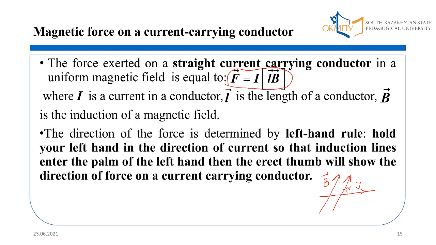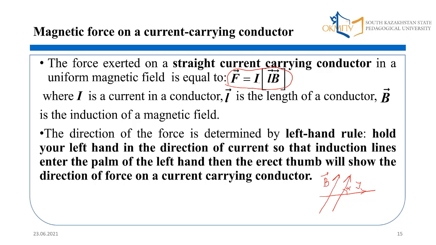In this case, a force equal to the vector product of the length of the current and the magnetic field will act on this current-carrying conductor.